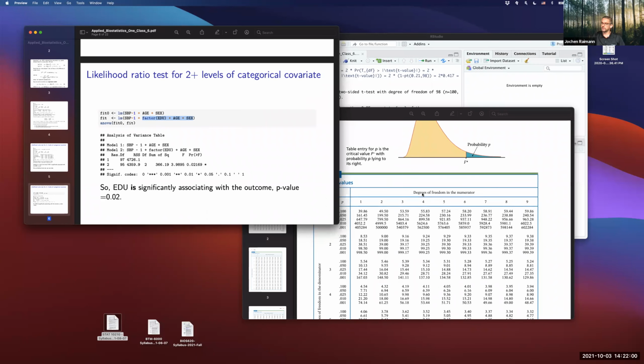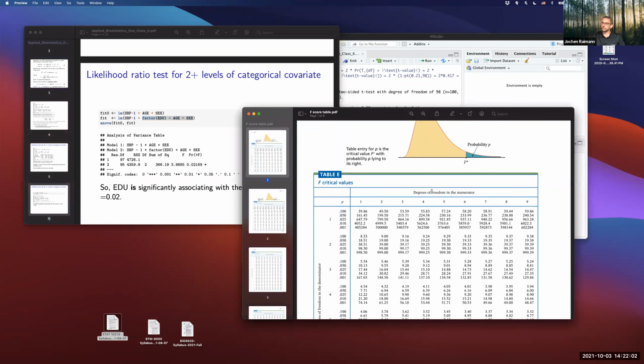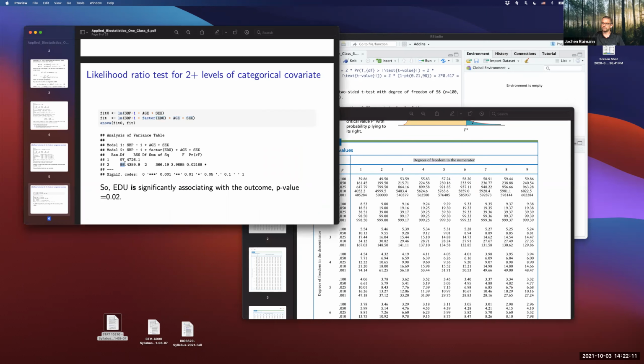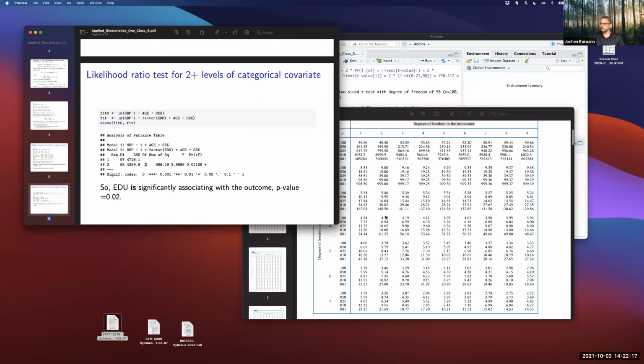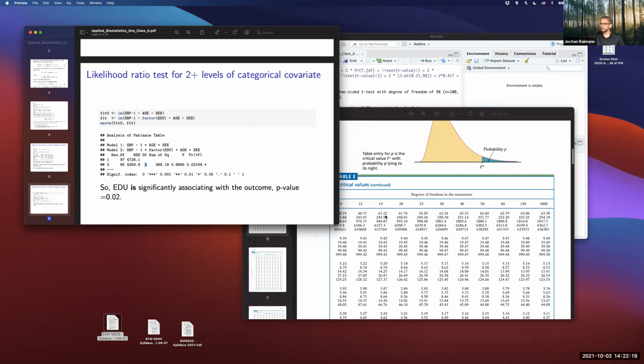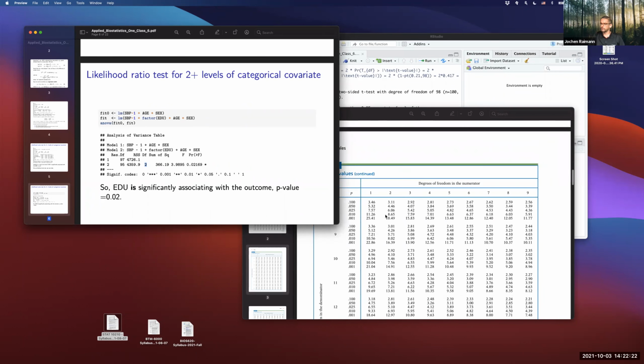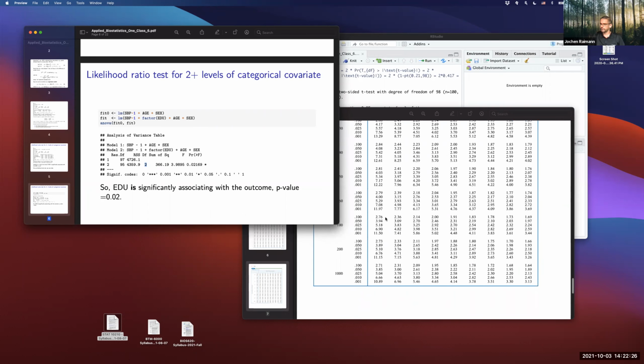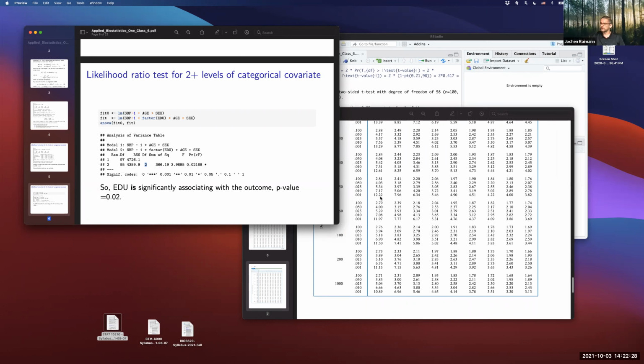So essentially we have here degrees of freedom in the numerator. This is our between group variability, and this is in the denominator. This is our overall residual degrees of freedom. So we have 95 and we have degrees of freedom of 2. So essentially we would find our significance threshold p-value here on this, so basically on the columns we have the between group.